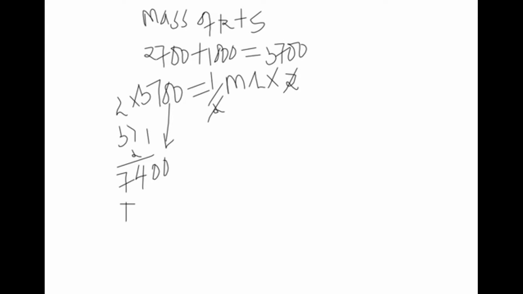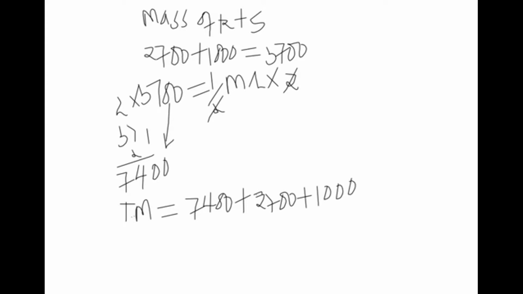So the total mass will be given by the mass of the lorry when empty plus the mass of sugar, which is 2700, plus the mass of the rice, which is 1000.